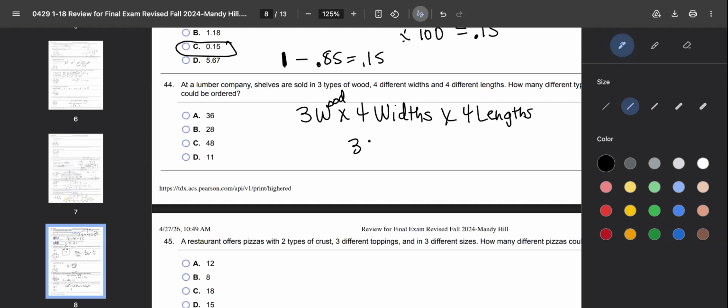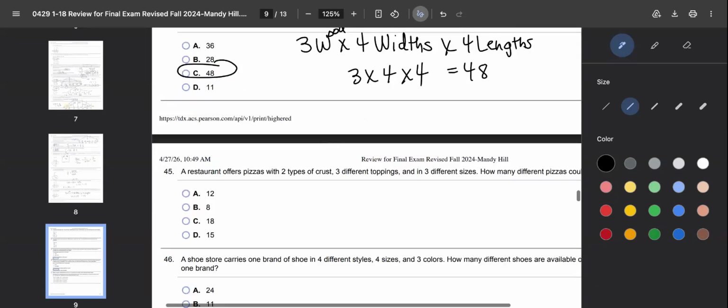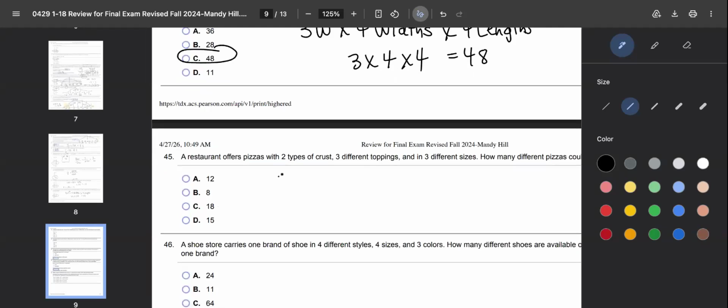And so you really just multiply the numbers. So 3 times 4 is 12, times 4 is going to give you 48 possibilities. So on 44, 48. A restaurant offers 2 types of crust.